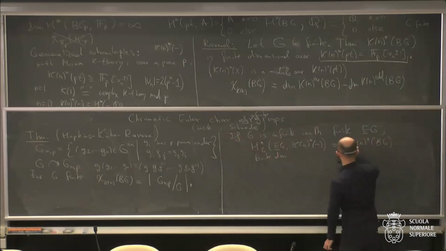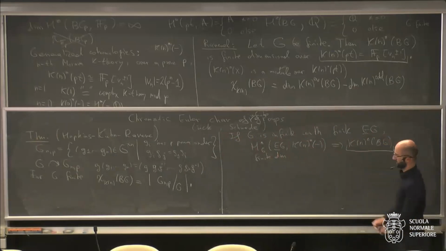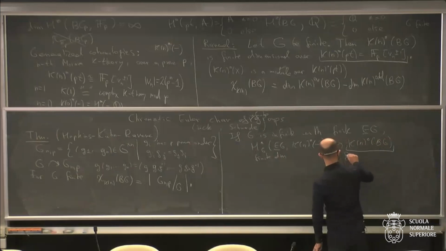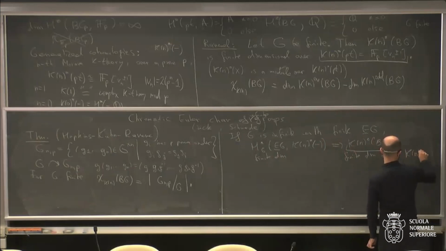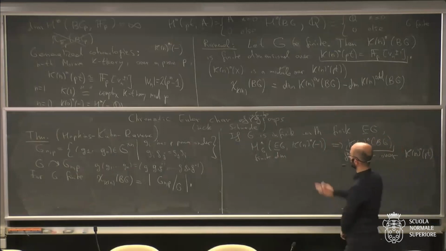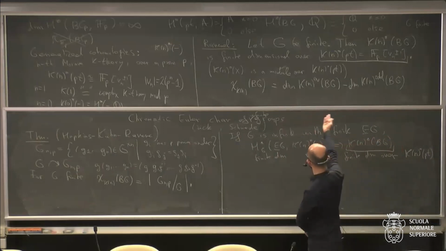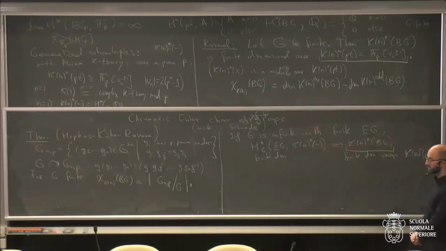As a consequence, when you assume that you have finite E under bar G, this is also finite dimensional using the spectral sequence over K_n upper star of a point. So in particular, exactly as in the finite group case, you can talk about the Euler characteristic of BG as the dimension of the even part minus the dimension of the odd part.